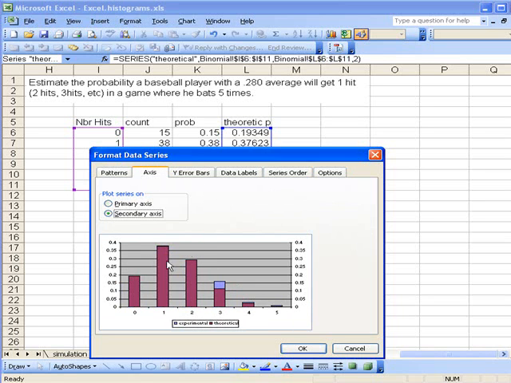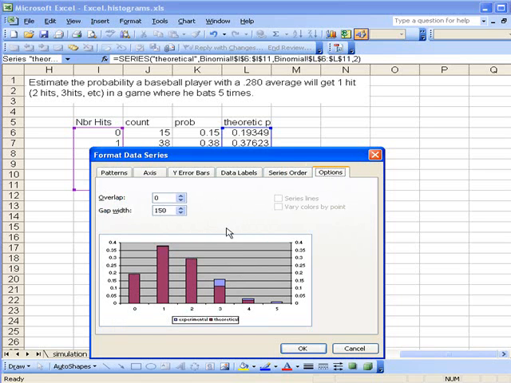We can put one of them on the secondary axis, which is the right-hand side, as I said. As we see, this happens to cover up a bunch because both columns are the same width. So what we can do is go under Options, and we can change the width of the one that we are looking at now, and that's the theoretical.